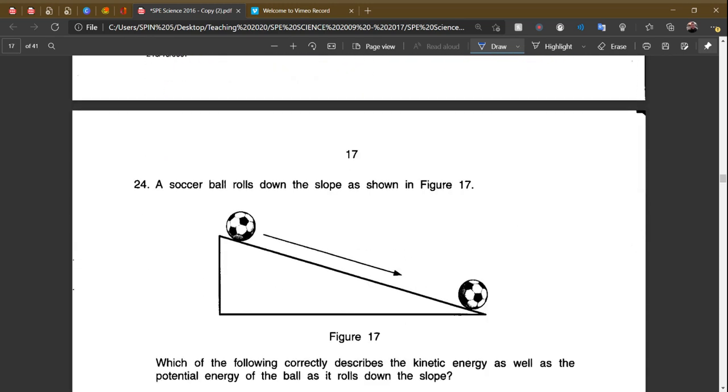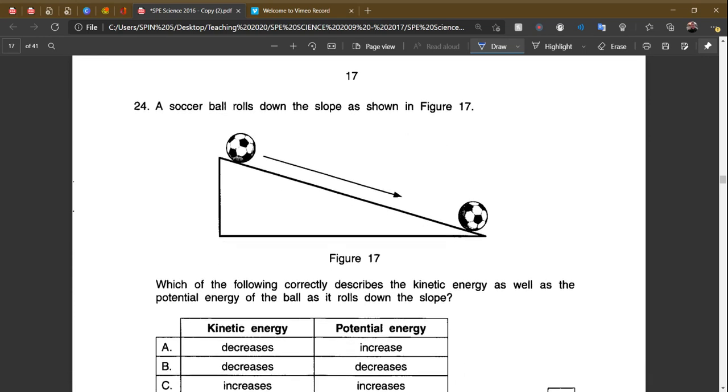Number 24. A soccer ball rolls down the slope as shown in figure 17. Which of the following correctly describes the kinetic energy and the potential energy of the ball as it rolls down? So there are two things we are looking for. One is kinetic energy. The second one is potential energy.